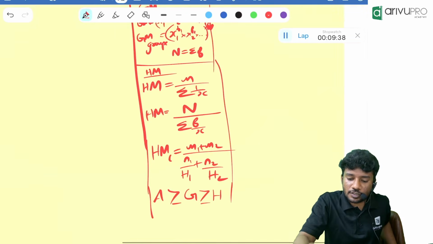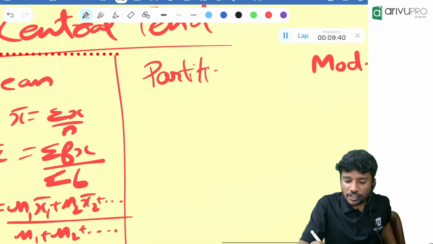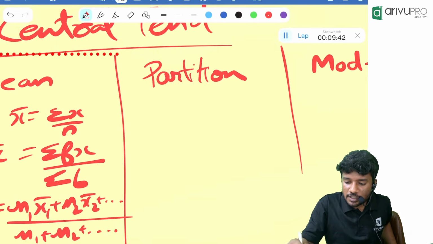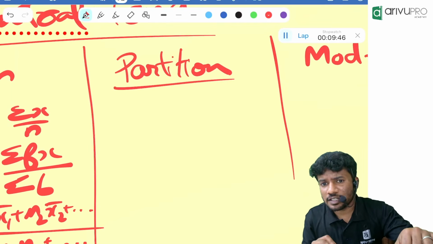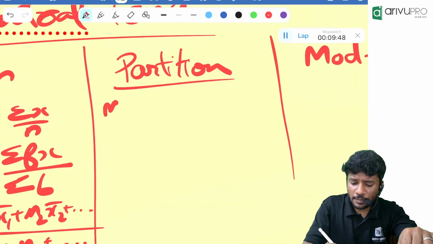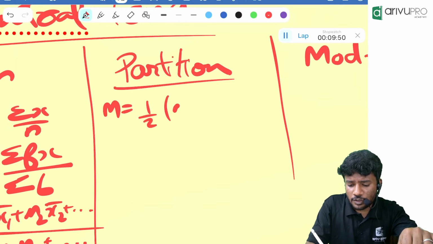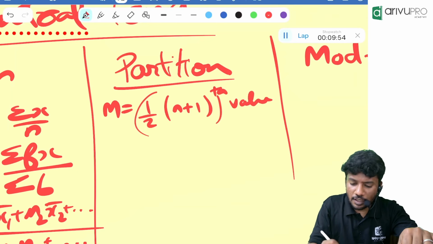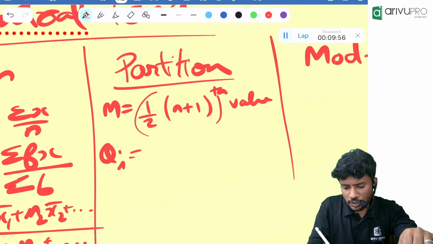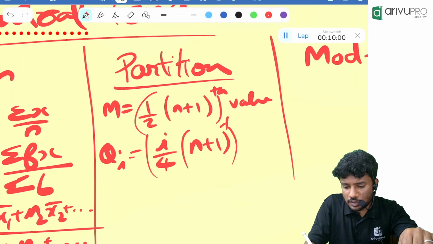Good. Well and good. Now we are coming to partitions. Okay. Now partitions, people. What is a partition? We are dividing the data into multiple parts. Correct. In ungrouped data, median is what? 1 by 2 into n plus 1th value. Correct. Then quartile Qi is equal to i by 4 into n plus 1th value.